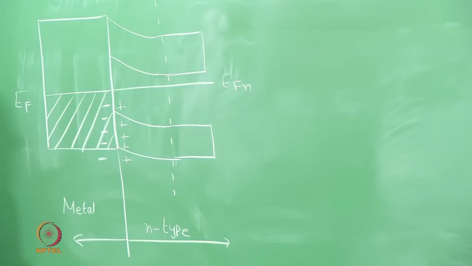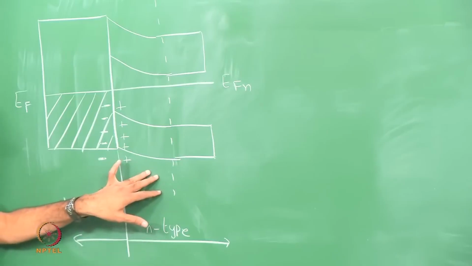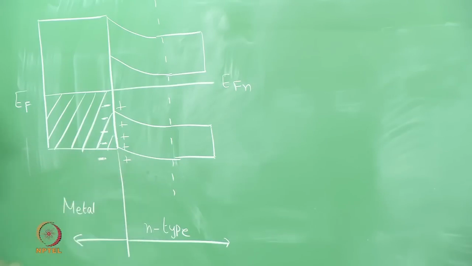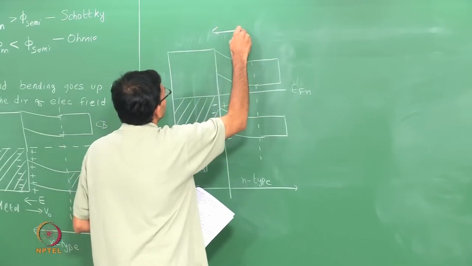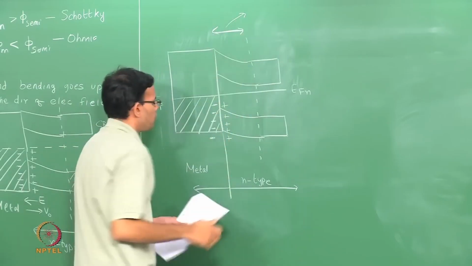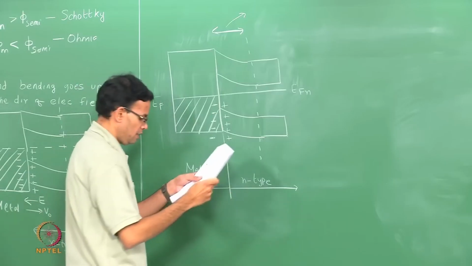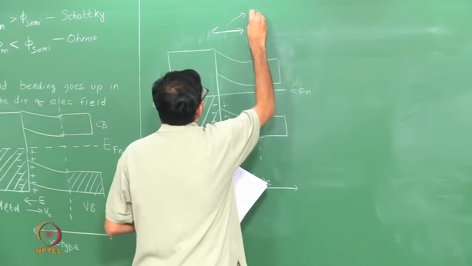Now, because of the difference in electron densities, electrons from the semiconductor not only move from the surface, but they also move from a certain region within the bulk. So, this distance from where electrons from the semiconductor move to the metal is called your depletion region.